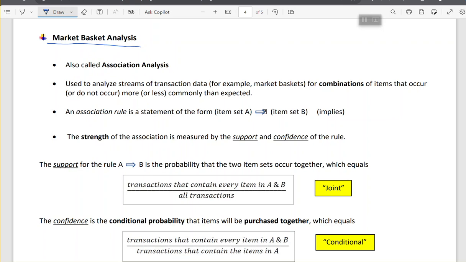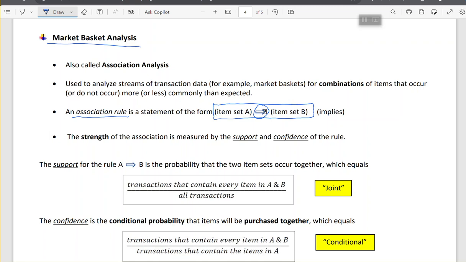This kind of association, we call the association rule. We always represent this rule with this format: the item set A implies item set B. Is this association strong or not? Remember, this arrow is one direction, not two directions.